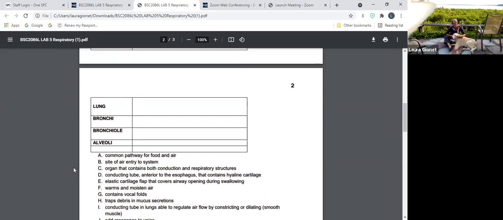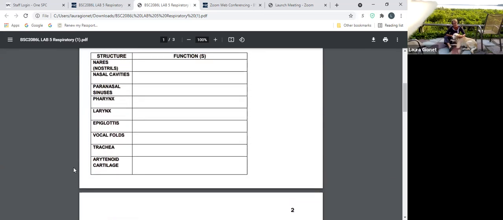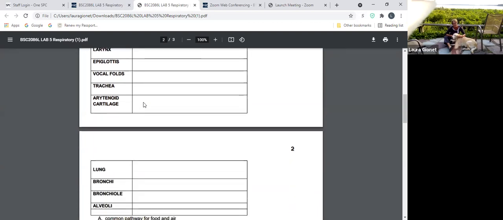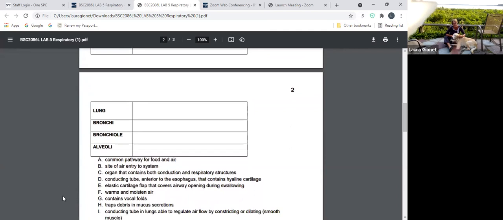All right, so we have the common pathway for food and air. That would be the pharynx. All right, so the pharynx is going to be broken down into more than one region, specifically nasal, oral, laryngeal pharynxes, but A goes with pharynx. B, site of air entry to the system would be your nares or your nostrils.